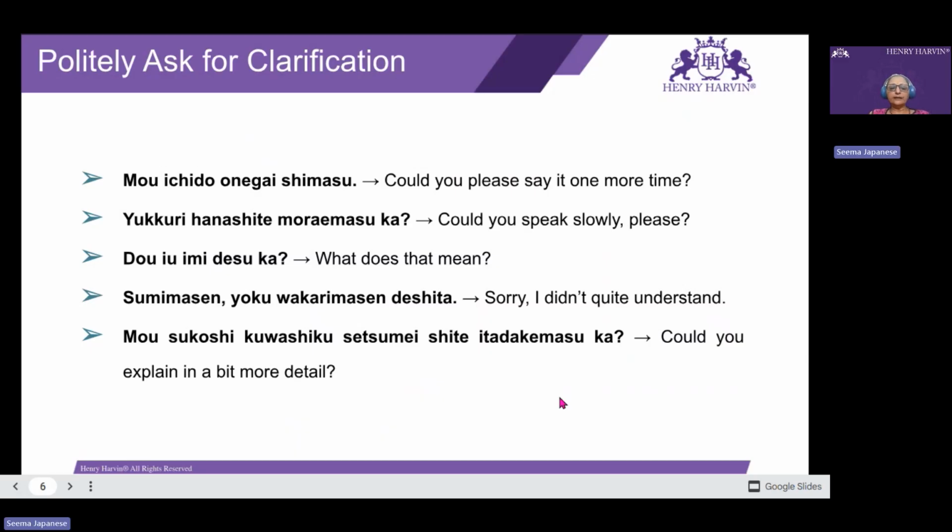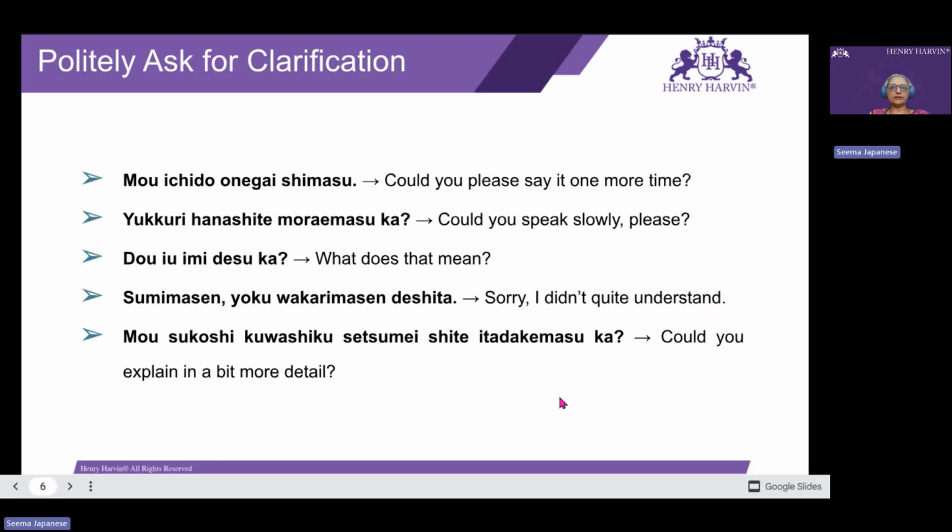What does that mean? Sumimasen, yoku wakarimasen deshita. Sorry, I didn't quite understand. Mo sukoshi kuwashiku setsumei shite itadakemasu ka? Could you please explain in a bit more detail?